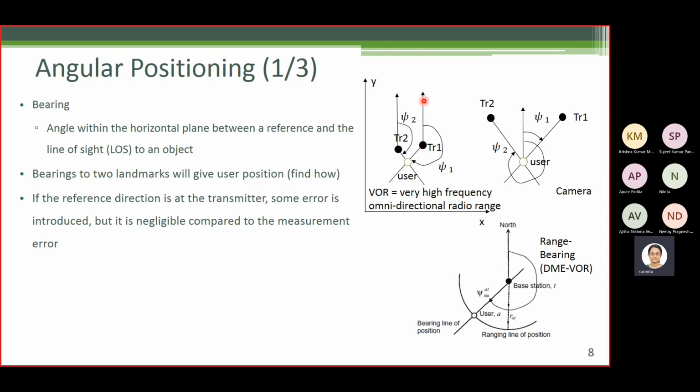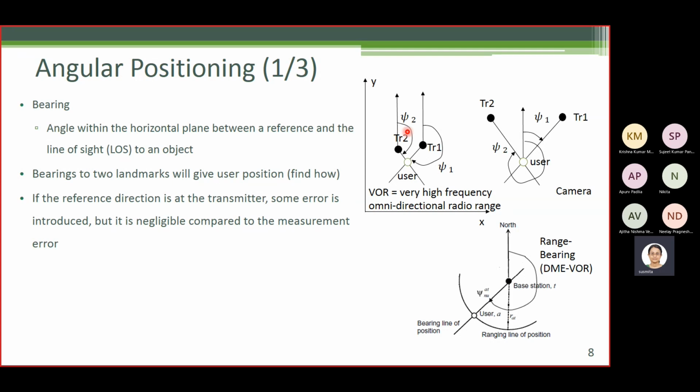It's actually magnetic north in case of VOR, magnetic north at the transmitter. It is designed in such a way that even if the user does not know the reference at the transmitter, when it measures bearing to the transmitter, it is automatically with respect to the reference magnetic north at the transmitter. But when he does the computation, because these reference directions are not known, he takes the reference at the user.